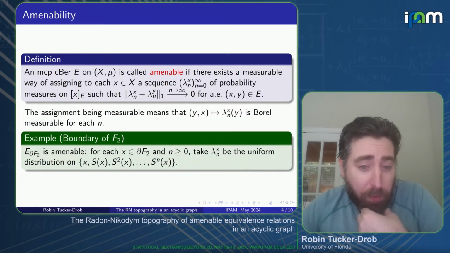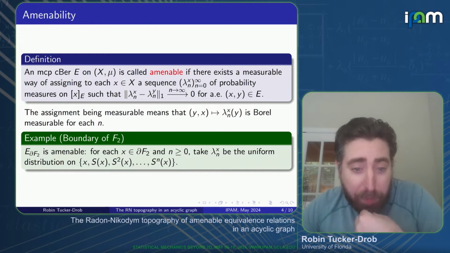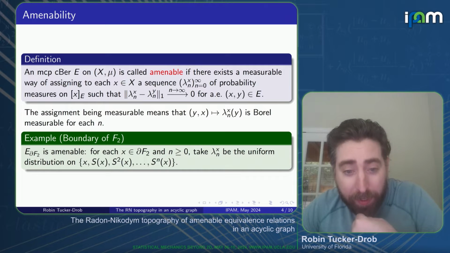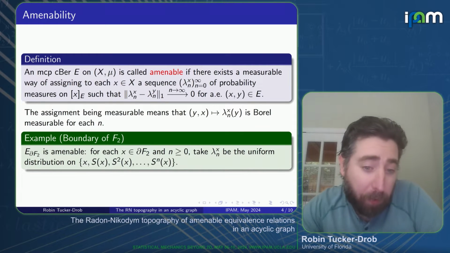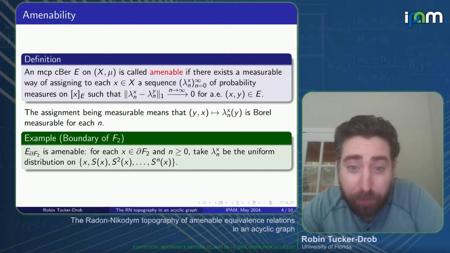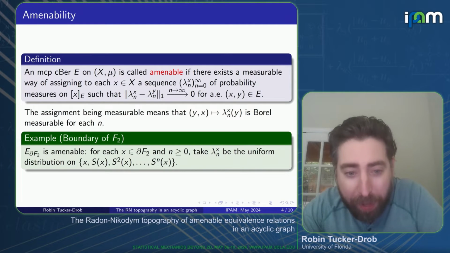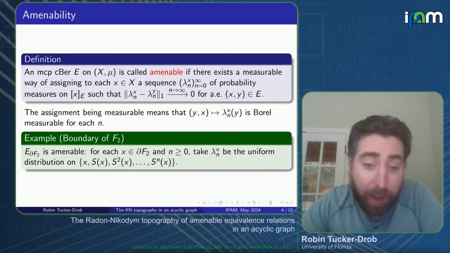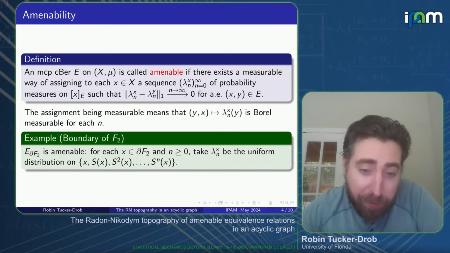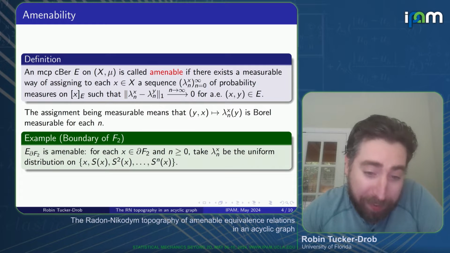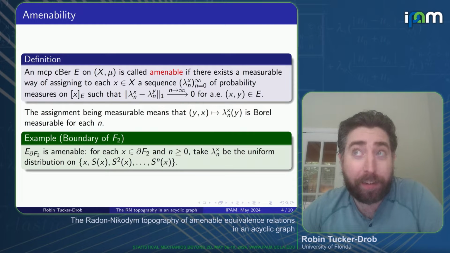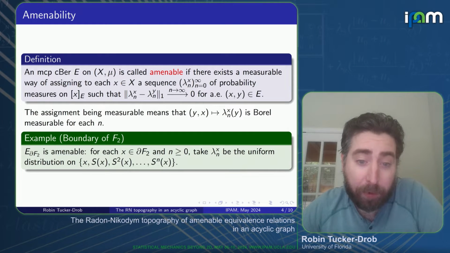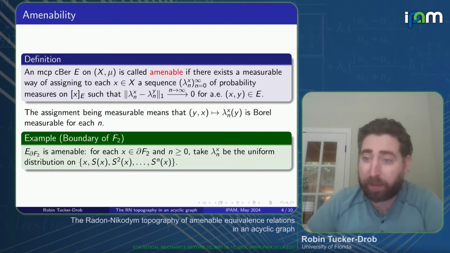Since the equivalence relation is tail equivalence, if I have two equivalent points, x and y, then as we said before, there's some m and some n such that s to the m of x equals s to the n of y. And so, for large k, these corresponding sets for x and y are going to have huge overlap and only very small symmetric difference. And so they're going to be very close in L1 norm, those uniform measures.